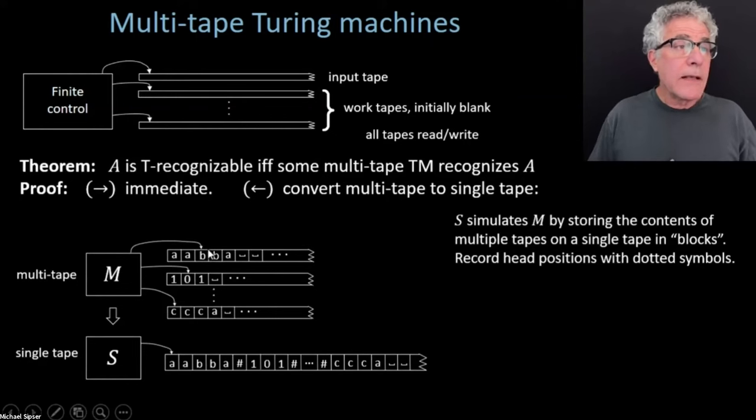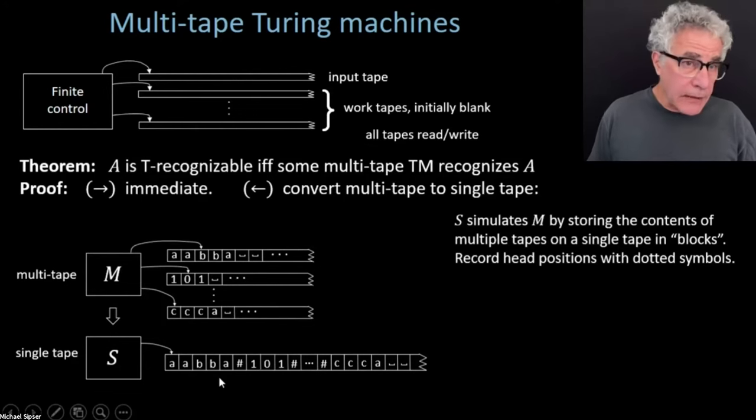Namely, M has a head for each one of its tapes, but S has just a single head. And each of M's heads could be in some different location. In this case, as I've shown it, on the first tape, its head is in location 3. On the second tape, it's in location 2. On the last tape, it's in location 1.